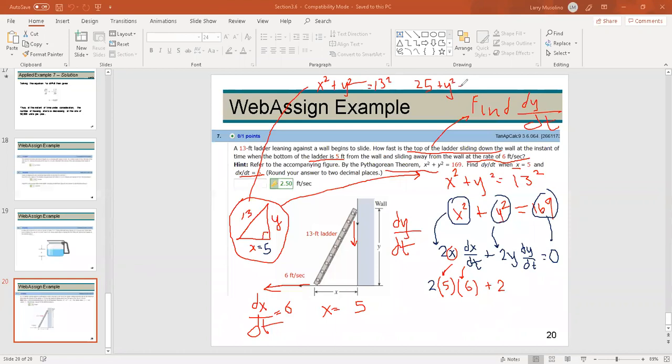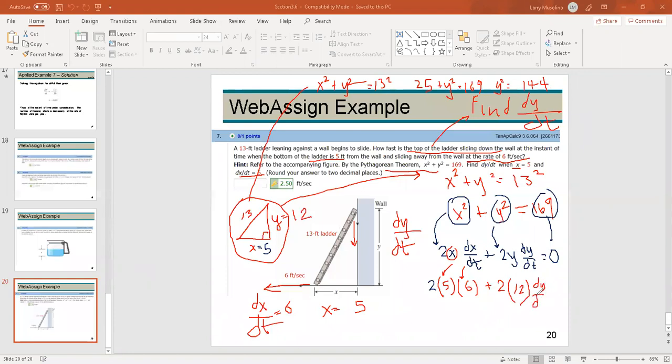I'll subtract 25 from both sides. So that means y squared equals 144. So now I know that y is 12. So y equals 12. So let me plug in y equals 12, and dy dt is unknown. So I'm just going to leave that alone.